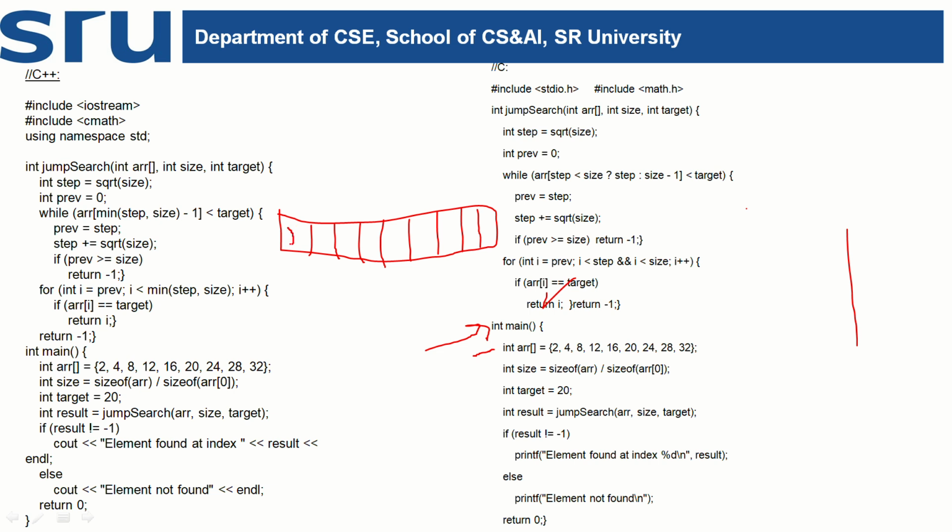What are the values we have? 2, 4, 8, and this one is 12, and this one is 16, and this one is 20, and this one is 24, and this one is 28, and this one is 32.